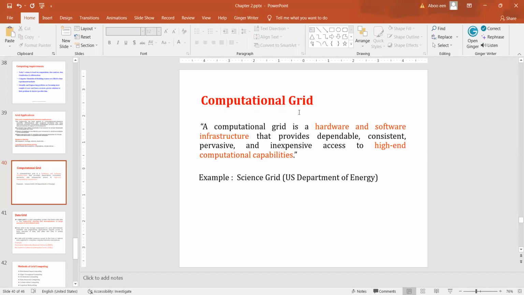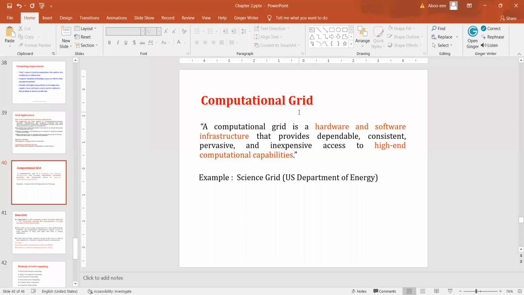This kind of grid basically covers the computation part, high performance computing power, computational operations. So it can perform high performance computing.